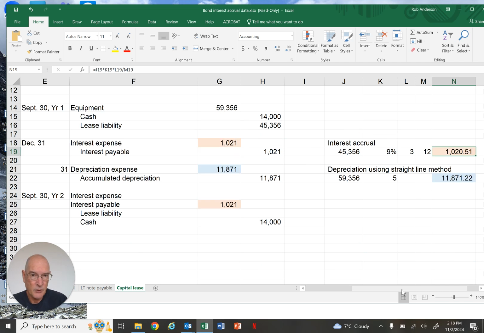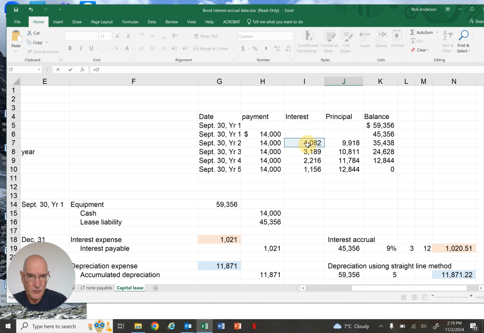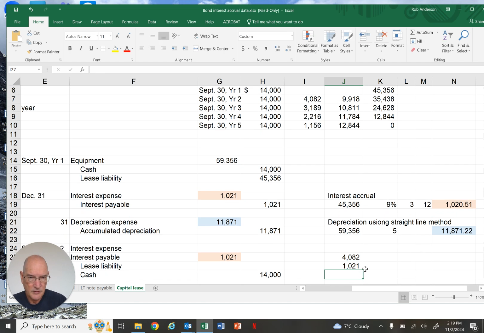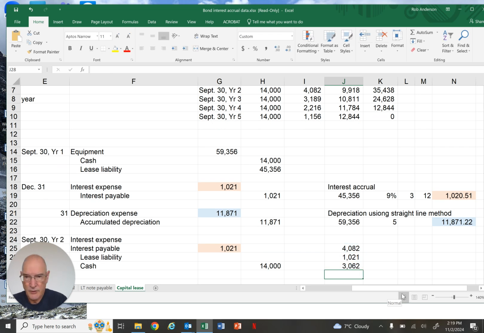So what I'm going to do is take the amount, which is the interest expense for the year, and subtract the amount that we already accrued, and let's do that. So the new interest expense is $3,062.